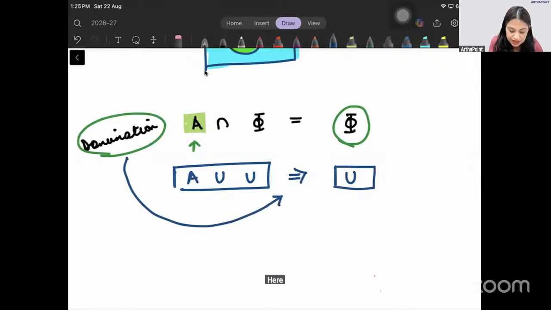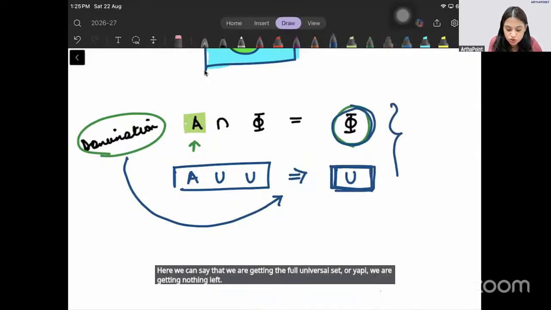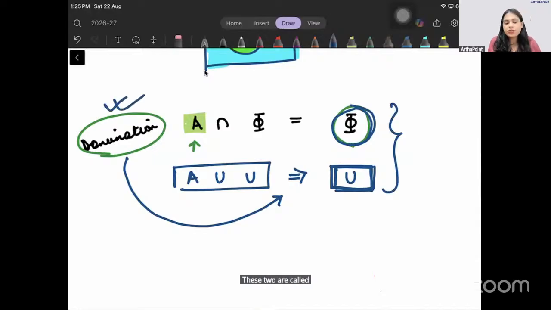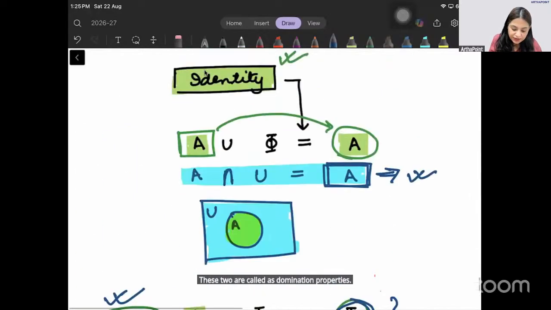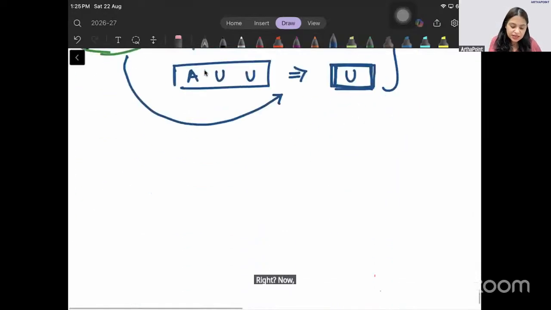Here we are getting the full universal set और यहाँ पे we are getting nothing left. These two are called domination properties. And when you get back A, जब आपको A ही मिल जाता है, then this is called the identity property.